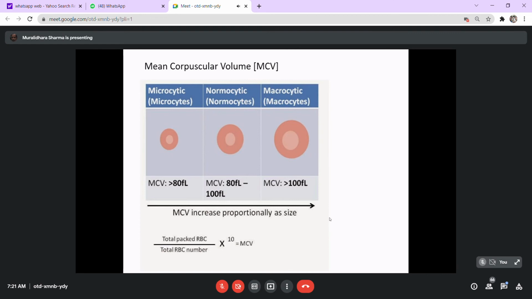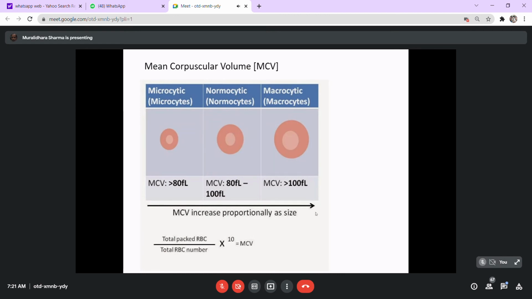Total packed RBC volume divided by the number of RBCs gives you the MCV, and the normal mean corpuscular volume is between 80 to 100 fL, whereas when it is less than 80, it suggests that the volume of the RBC is lesser, microcytic. When it is more than 100, the volume is bigger, and it is considered macrocytic.